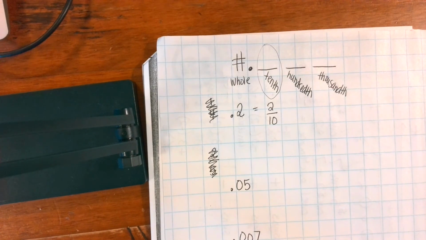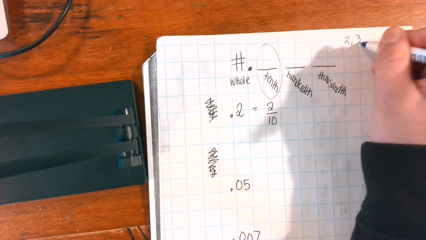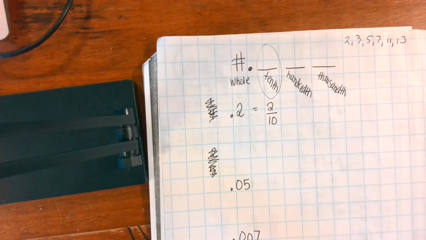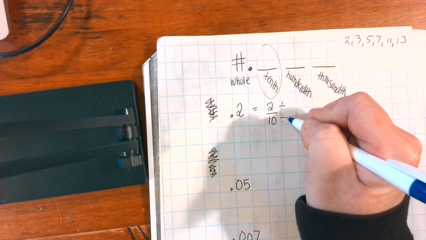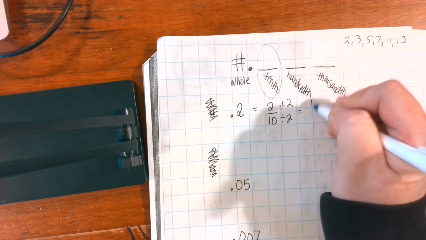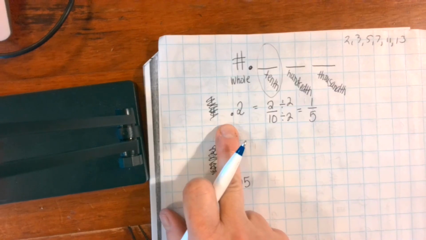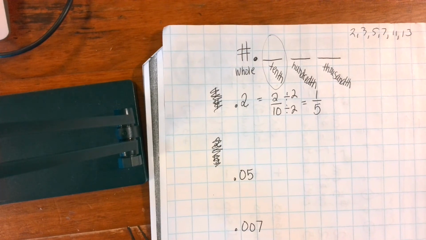Just because we're in algebra, we're not doing fractions, because we are. 2, 3, 5, 7, 11, and 13. So what can I divide both of my numbers by? 2. 1/5. So 2 tenths is the same or equivalent to 1/5.